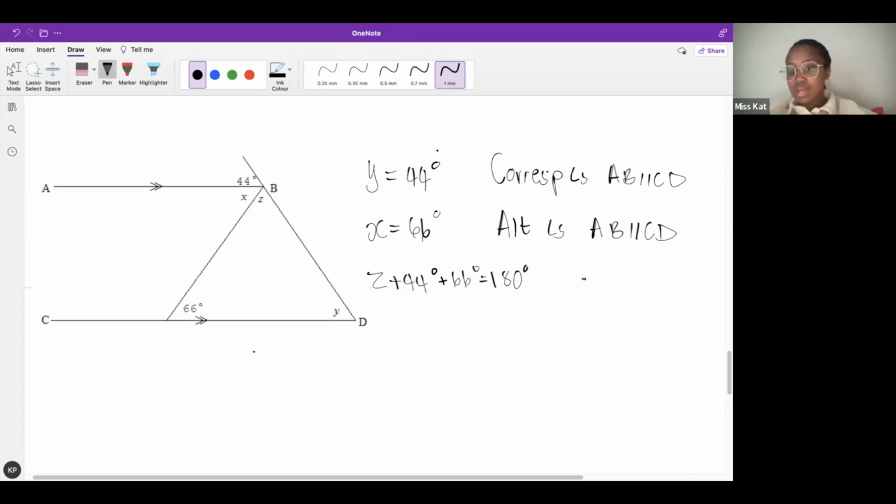It's either adjacent angles on a straight line or sum of interior angles of a triangle. Then what? Remember, no personal chats. Okay. Also co-interior. I didn't see that. Also co-interior angles. Ooh, there's so many ways to solve this.